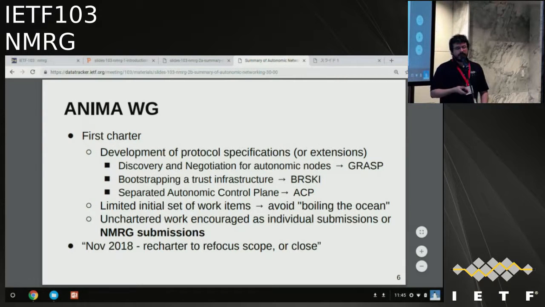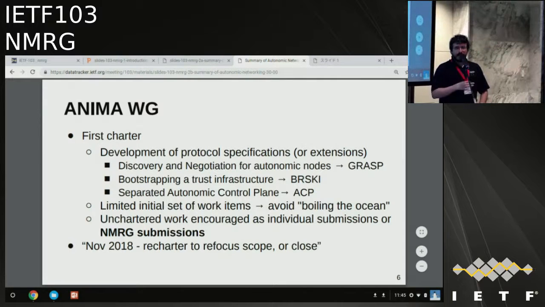Then there is the development of a bootstrapping trust infrastructure, and there is BRSKI for that. And there is also the autonomic control plane, the ACP. This was done using a precise and defined set of work items in order to avoid boiling the ocean, considering that autonomic networking is a big thing.